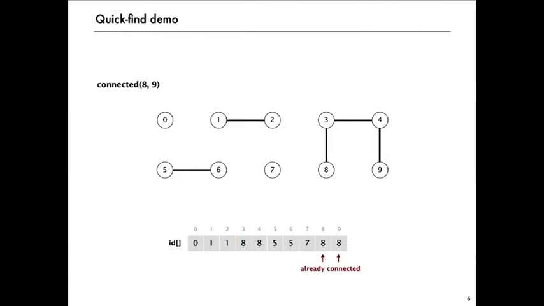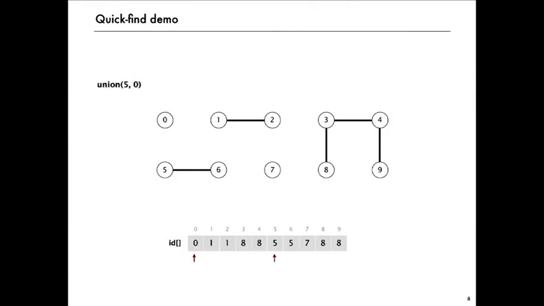They have the same entries in the ID array, so that connected query, that find, says true, they're already connected. And 5 and 0 have different entries. They're not connected, so we'd return false in that case.